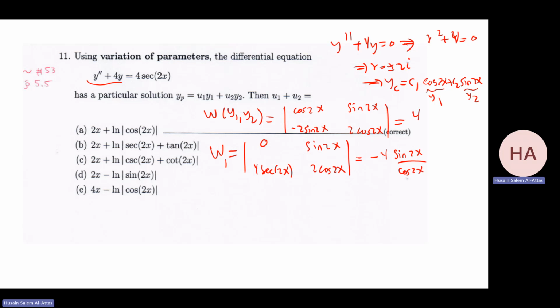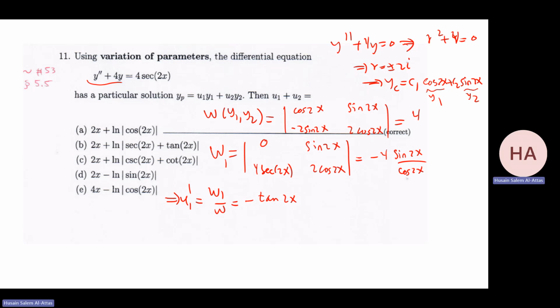Okay, so u1 prime will be W1 over W, and that is what? That will be minus tan 2x. Be careful, don't rush it.